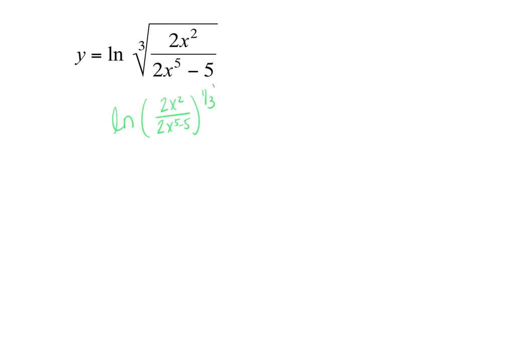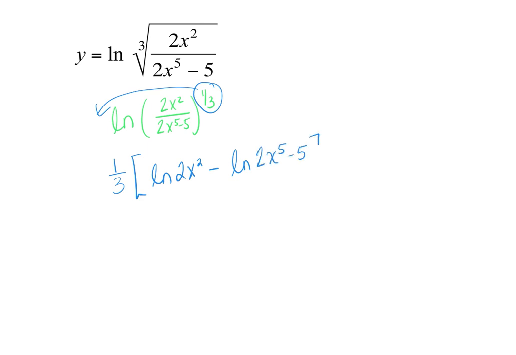And then to expand it, we're going to take that 1/3 and put it in front: 1/3 times the natural log. And remember, division can be separated by subtraction. So we're going to say the natural log of 2x squared minus the natural log of 2x to the 5th minus 5, all right?